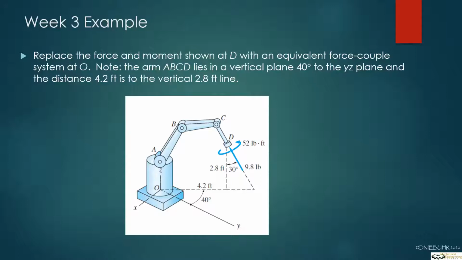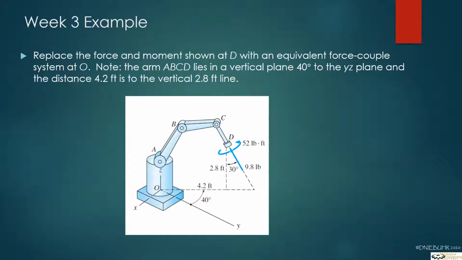The first thing we want to figure out is what this 9.8 force is. If we take FZ in the Z, it's going to be 9.8 cosine 30. I'm going to write this quick because you guys know how to do these now. 8.49 pounds.